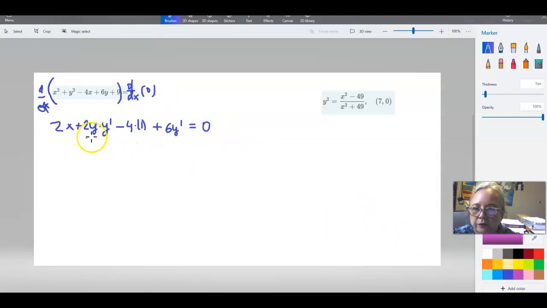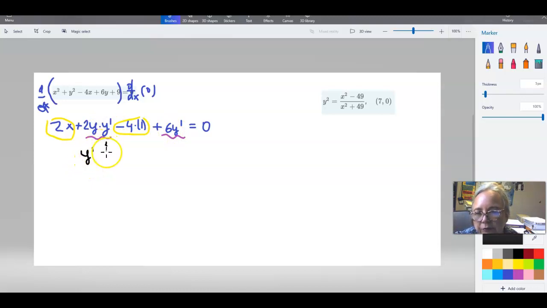Now we need to collect all terms with y prime, and everything without y prime, which is here and here, we need to move to the right hand side. So I'm going to collect these two, and at the same time I will factor out y prime.